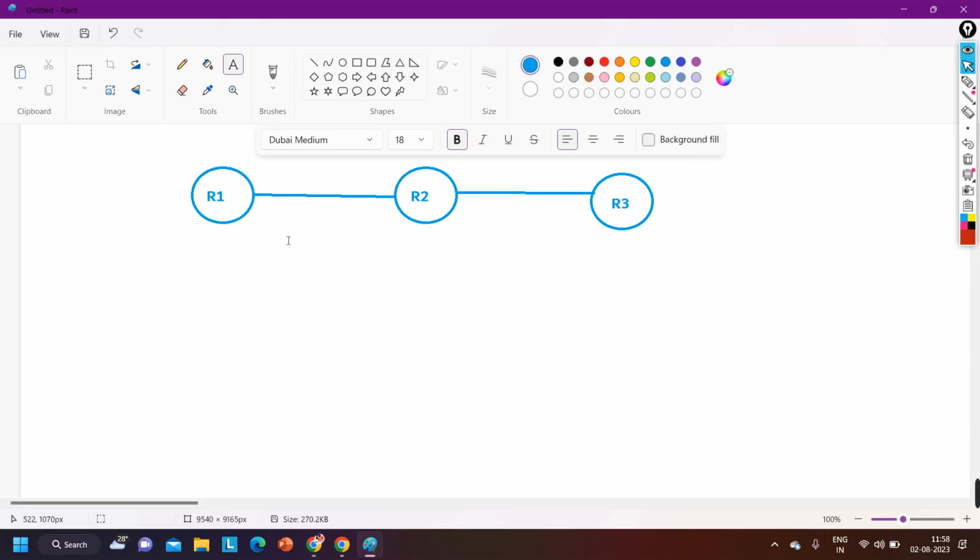The router ID of router 1 is, let's say, 1.1.1.1. The router ID of router 2 is 2.2.2.2. The router ID of router 3 is 3.3.3.3. You already know what a router ID is.